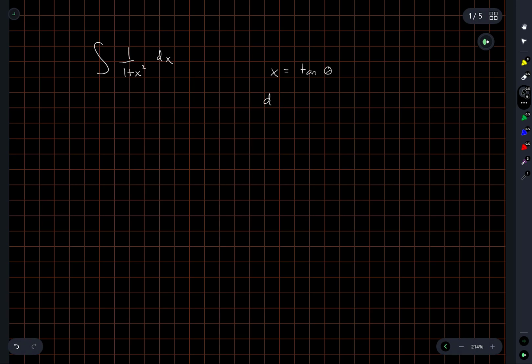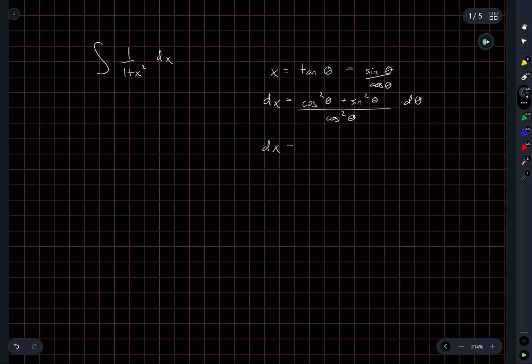So anyway, dx is, well, this is sine divided by cos, so this gives us cos squared theta plus sine squared theta divided by cosine squared theta d theta.